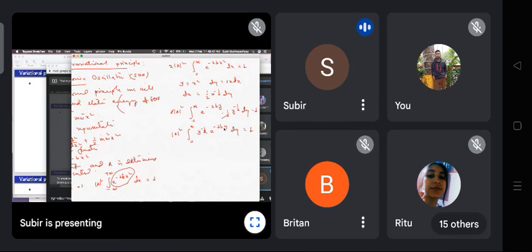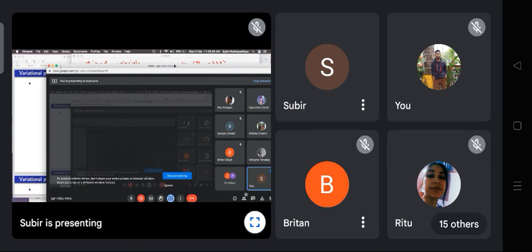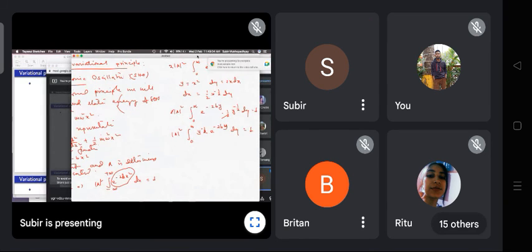Y to the power minus half e to the power minus 2by dy, integrating from 0 to infinity. Ritu, any idea? No, sir. Ashish? How to do this integral? Integration by parts, sir.